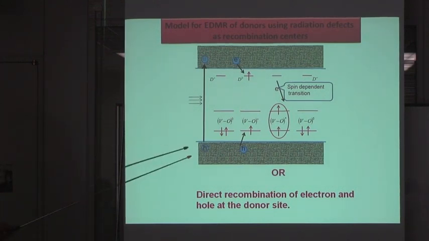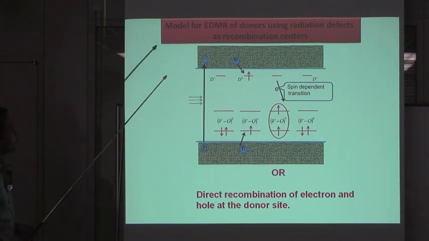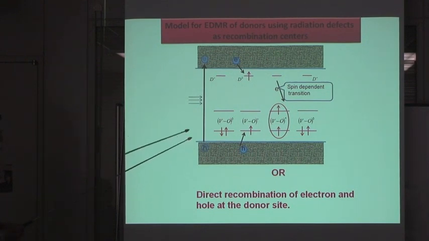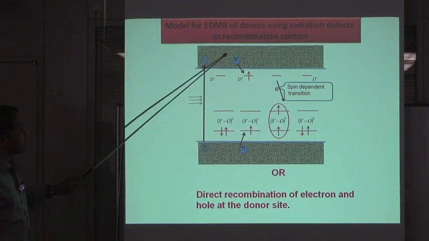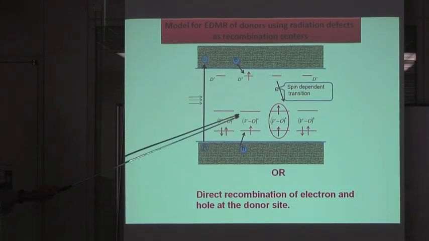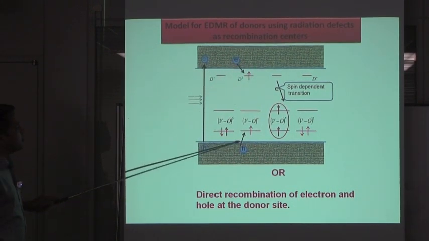Here I try to give a model of how recombination takes place and how the SL1 center or radiation defects play a role in our EDMR measurement. When you illuminate your sample, the hole gets trapped in the SL1 center, which now has one electron, and an electron gets trapped at the donor site. These two form a pair.